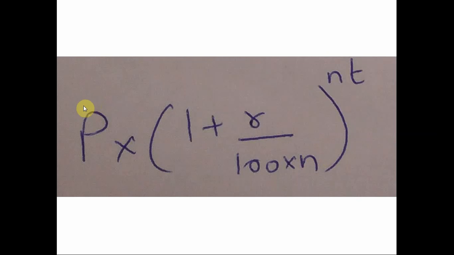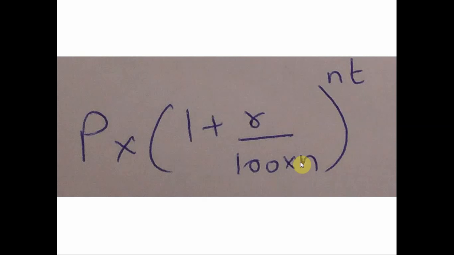So the values for P would be 100, which is my principal. The rate is 2%, which is the interest rate per year or per time period. T stands for time period. N would be compounded monthly. So since it's compounded monthly, it would be the number of compounds in a time period.